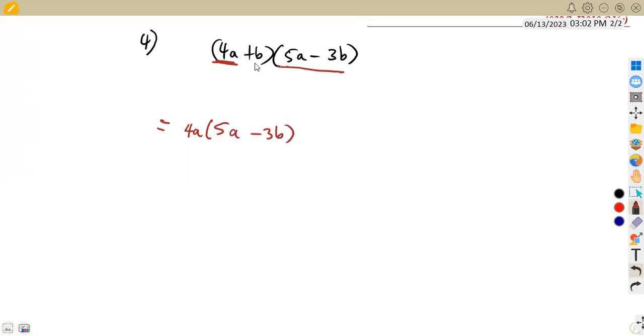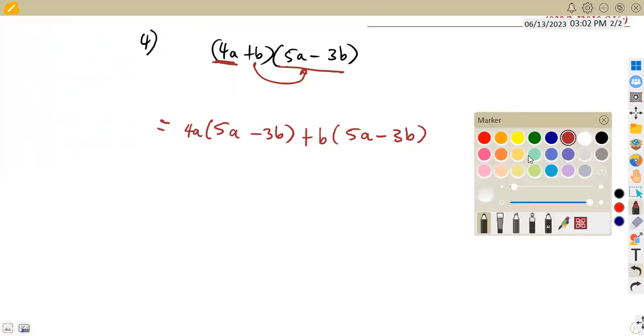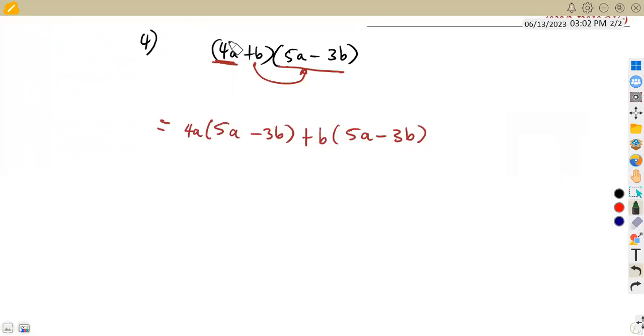It is the same thing with b. b is going to expand everything in this bracket, so plus b into 5a minus 3b. This is going to give us exactly the same answer as the normal way that I explained before. You just choose which one is best: expanding with 4a, then the b also, is fine like that.